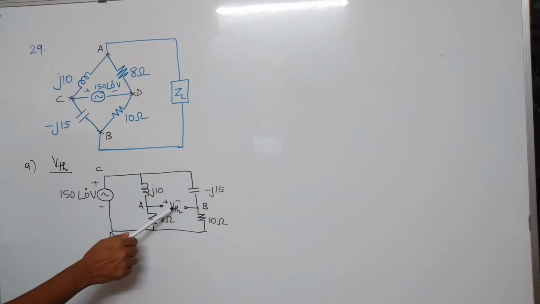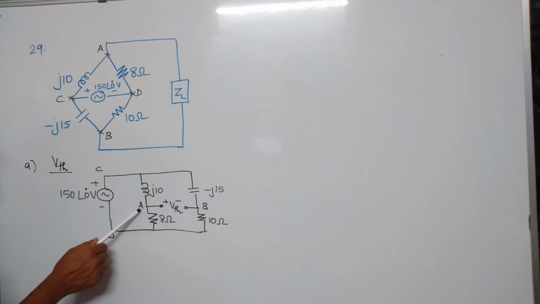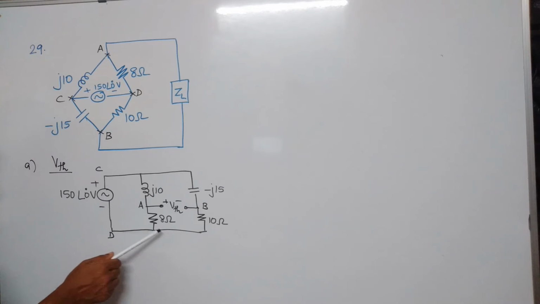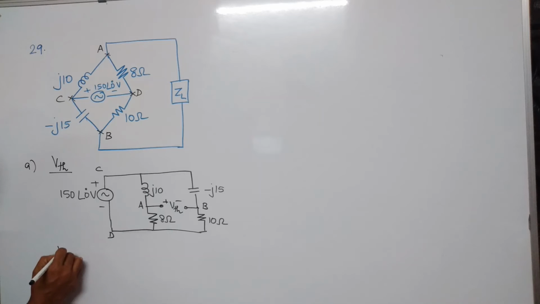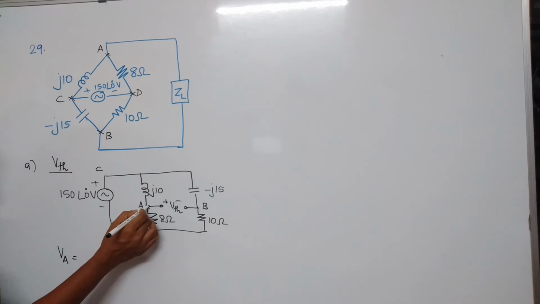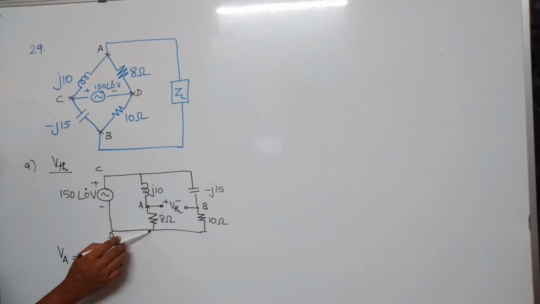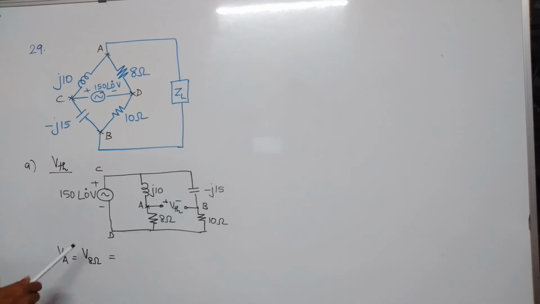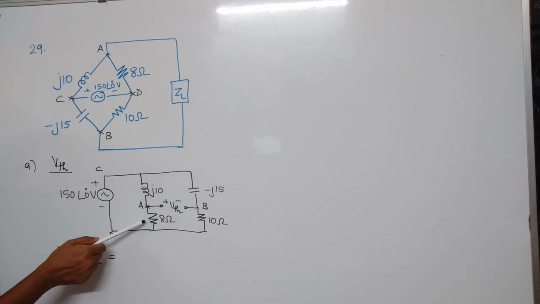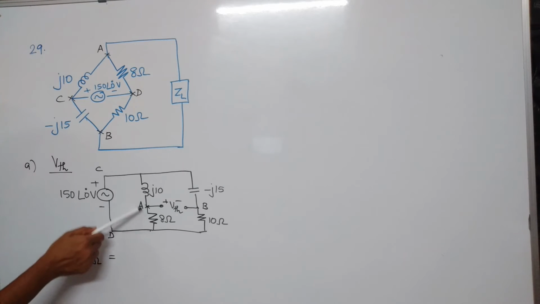So to find out VTH, we need to find out VA and VB and take the difference. So first we have to find out VA. Now what is VA? VA is voltage between A with respect to ground. That is, it is the voltage across 8 ohm. So VA is nothing but the voltage drop across 8 ohm. Now we see that J10 and 8 are in series.